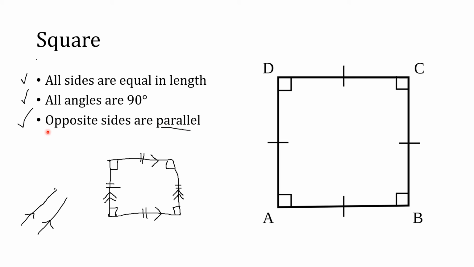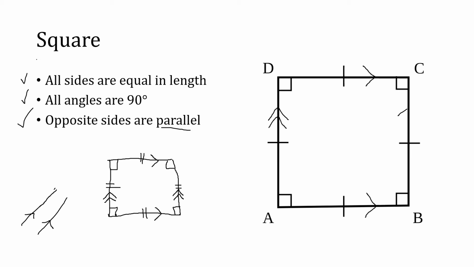Now you might be wondering, if opposite sides have to be parallel, why don't we have the arrow marks on this square here? The reason is that the four angles all being equal to 90 degrees takes care of the parallel business by itself. If we wanted to be absolutely sure, we can go ahead and add in those arrows for them being parallel.